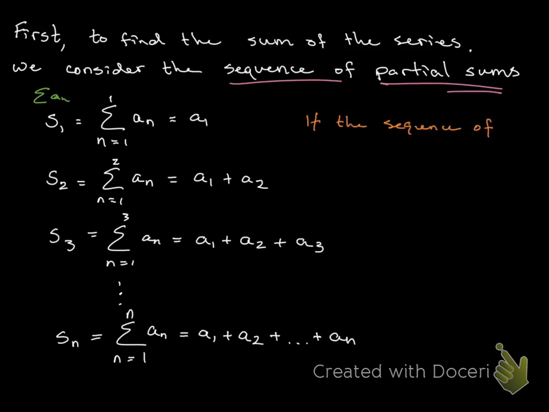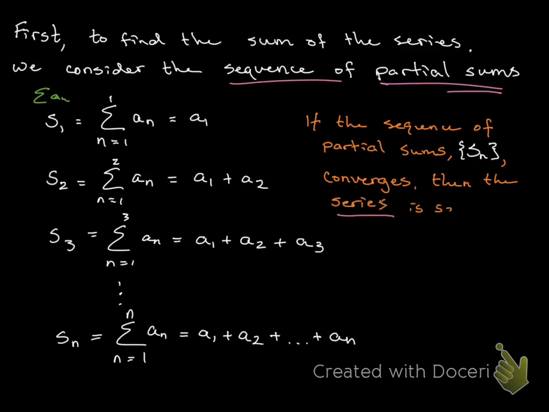If this sequence of partial sums converges, if that sequence approaches a number, then we can say that the sum approaches a number. Then the series is said to converge. So this is really the definition of convergence here.